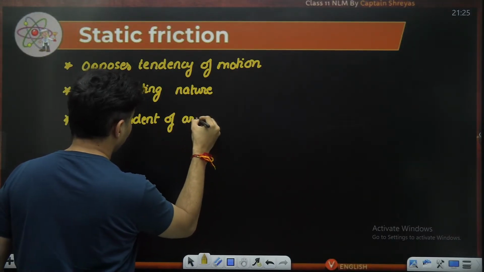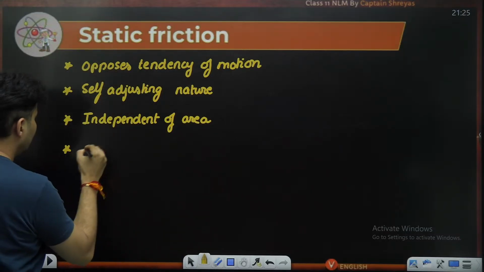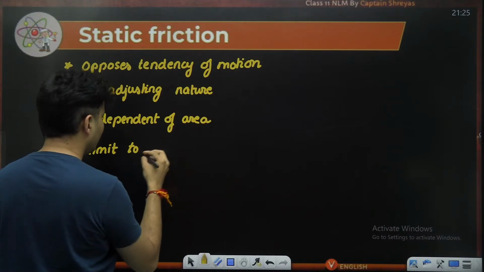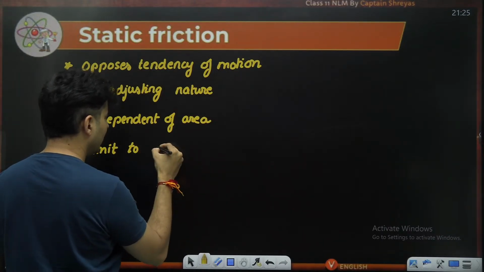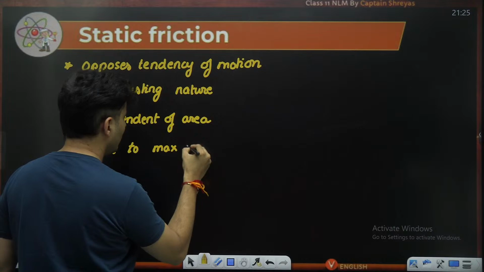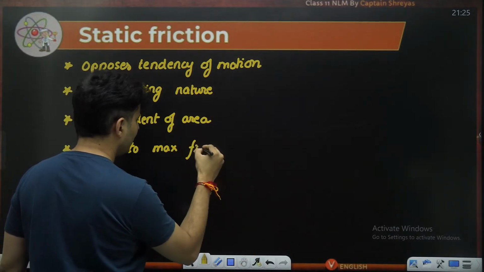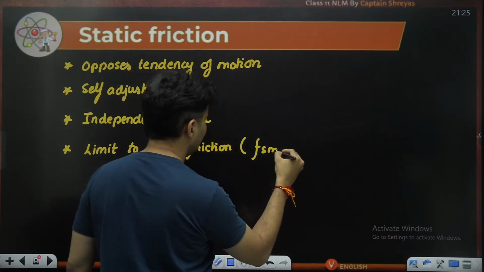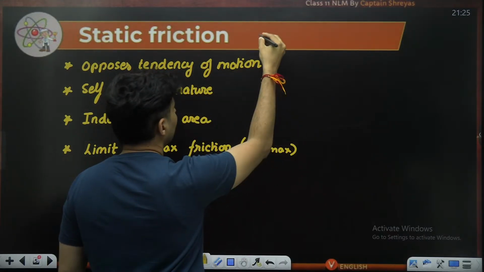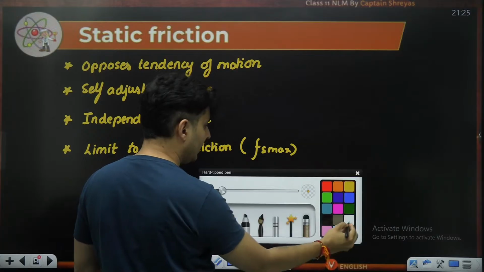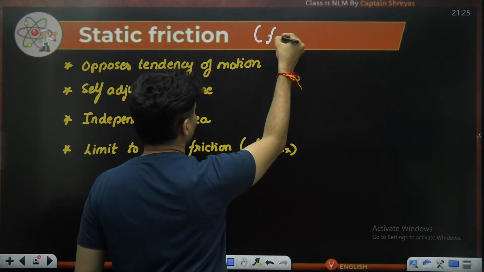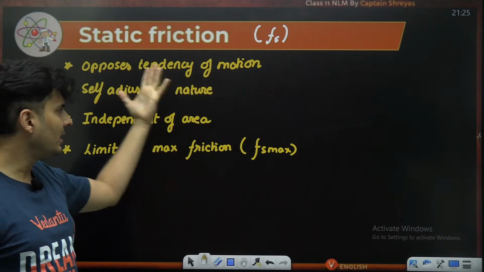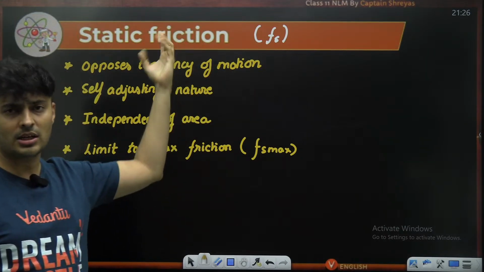There is a limit to the adjusting nature, a limit to the maximum friction which can be tolerated. Sometimes this is also called Fs max. And the symbol for static friction usually is Fs. S stands for static, F stands for friction.